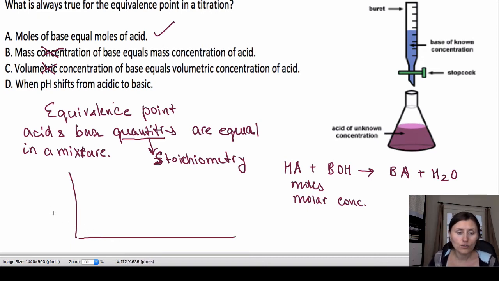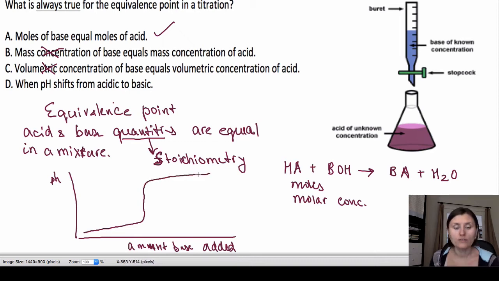If this is pH, and this is the amount of base added, the curve will go like this, then there's a sharp rise up, and then it will level out again. So the equivalence point is somewhere over here.